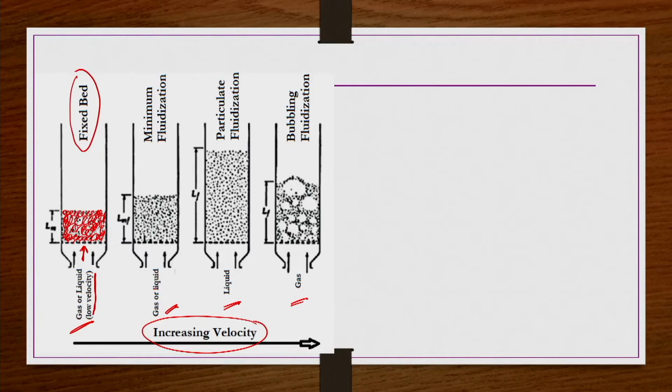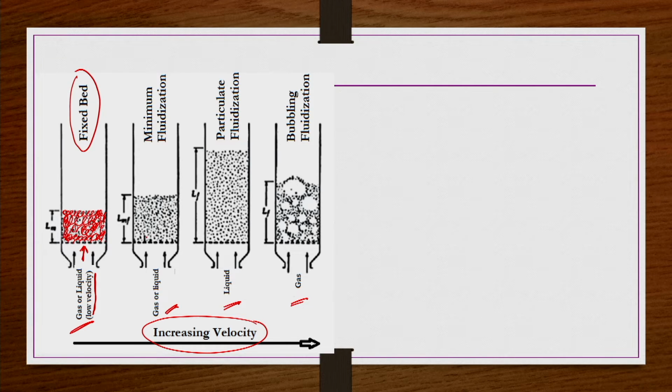Okay. Now, what do we do? We increase the velocity slightly, so that the particles move apart from each other. When the velocity is increased, the kinetic energy of the fluid is sufficiently high that it disturbs the packing structure.